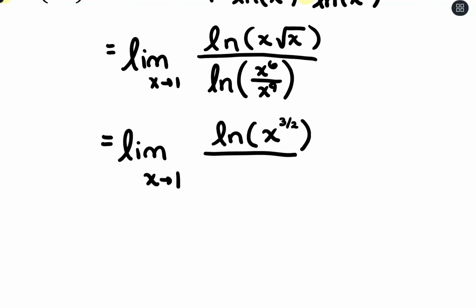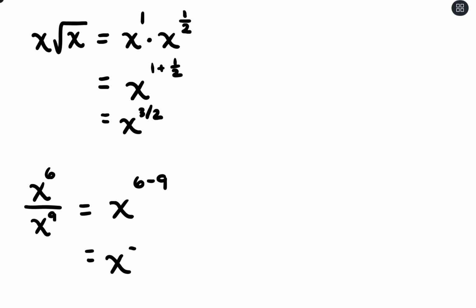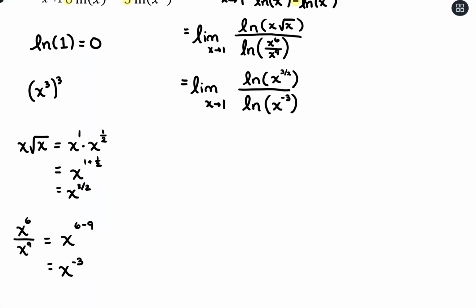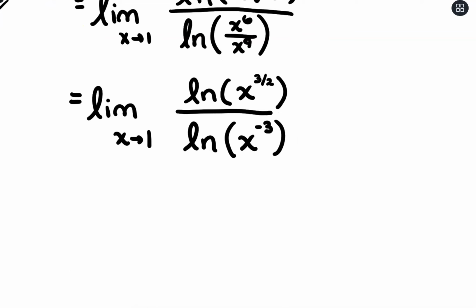In the denominator, if we carry out that division, I'm going to write it as a negative exponent. So we'd have x to the -3. We're just reviewing all of those exponent properties too, where you take x and subtract the exponents, and that's where we get that x to the -3.